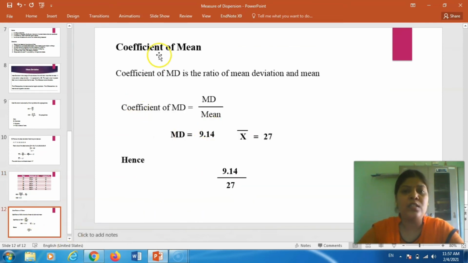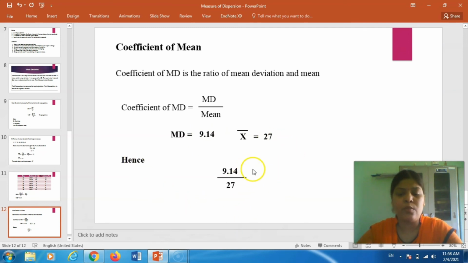Okay, then let us see the coefficient of mean deviation. Coefficient of MD is the ratio of mean deviation and mean. To calculate the coefficient of MD, we just have to divide the mean deviation by its mean. In this problem, we have got our MD 9.14 and our mean was 27.